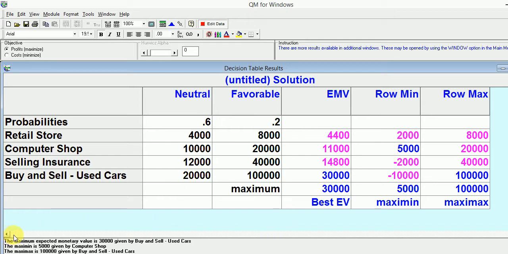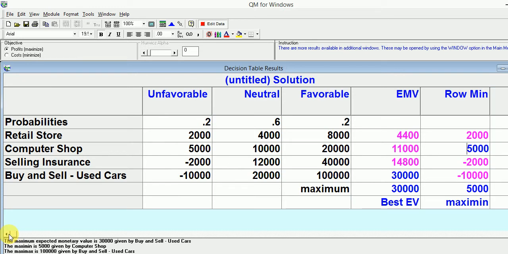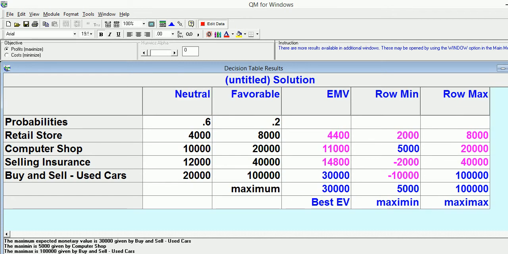So, for example, if the market is unfavorable, then the highest minimum will be the computer shop. So if the unfavorable market really occurs, the best choice we have is the computer shop at 5,000 pesos because it has the highest row min.